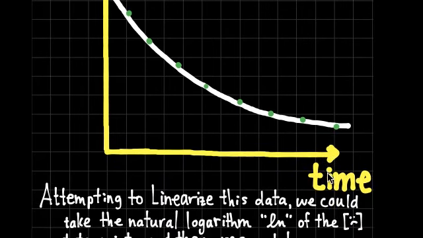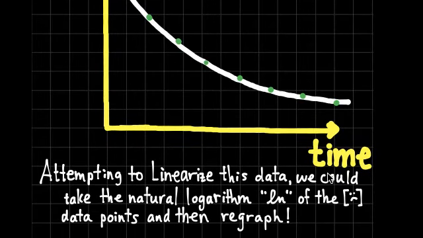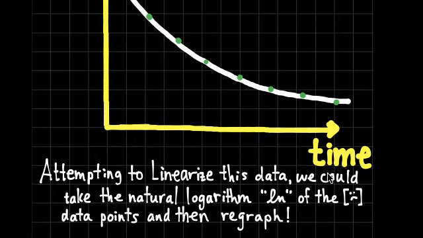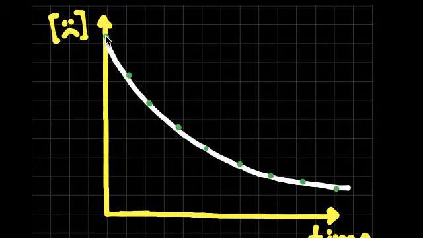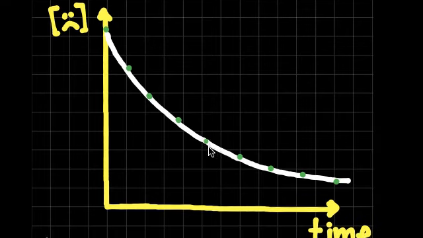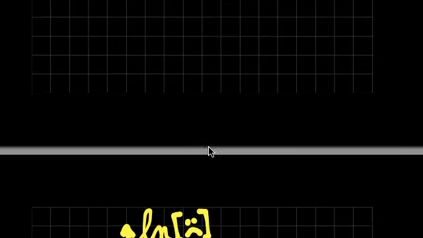I say, attempting to linearize the data, we could do at least one of two things, but the two that we'll look at: take the natural logarithm, ln, of the concentration. So I take these y-axis data points, this one, that one, this one, and take the natural log of all of those, and then replot on the y-axis.